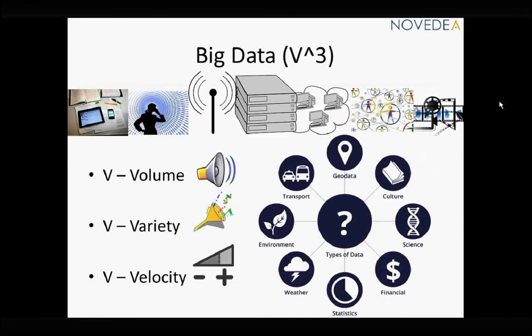Then culture data, and when you say culture, we are typically talking about the social culture explosion. You have Facebook, Twitter, which are creating thousands and thousands of messages per second. It's almost a few terabytes of data accumulated on a month-to-month basis. Just with Facebook, it accumulates a few terabytes of data per month.